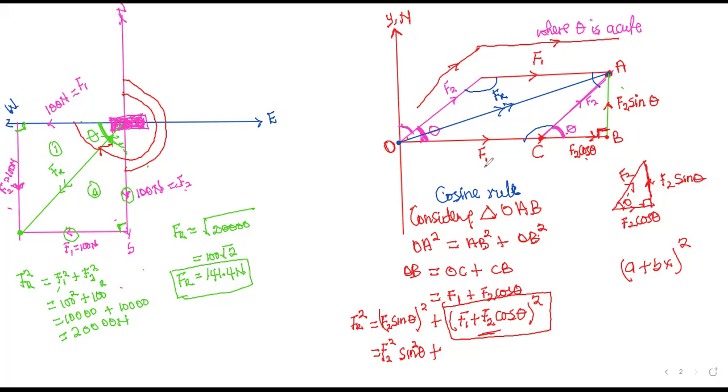Sidel, go ahead. So please, it will be F1 squared plus F1 times F2 cos theta plus F2 cos theta squared. Okay.